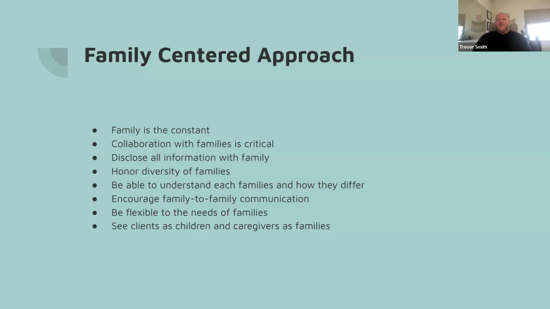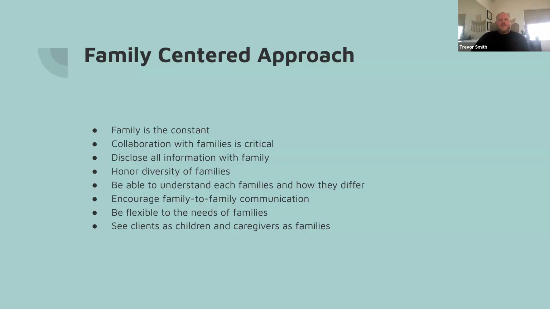The next one, collaboration with families, is critical. This is where if they have ideas for what they want, you hear their ideas and you relay them back to them like, yeah, that's great, let's work on that. If it'll help them feel better and help them in the home life or in the future, let's incorporate that.